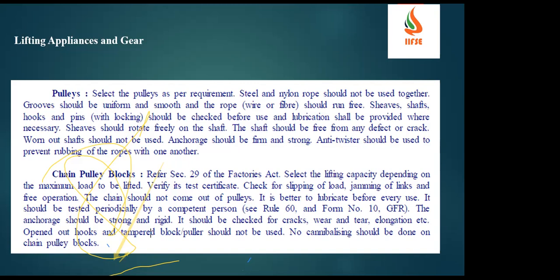An anti-twister should be used to prevent the rubbing of the ropes with one another. You should provide anti-twisting. They will keep one separator between two ropes so that they can avoid the rubbing or twisting of ropes with one another.